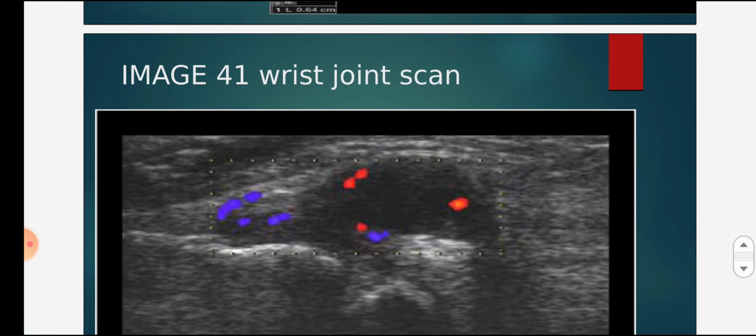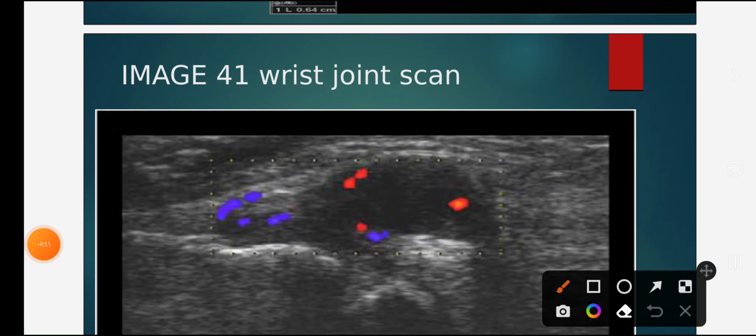Image number 41. The wall is well defined, with a heterogeneous hypoechoic lesion encircling the radial lateral extension of the tendon slips. The lesion extends into the radial side of the digit.